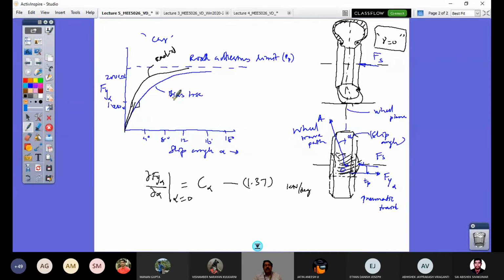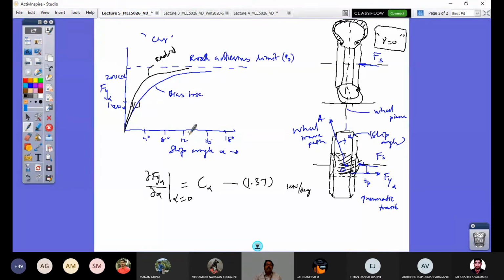This is also a main reason why bias tires are used in two-wheel vehicles like motorbikes: the variation of Fy alpha is gradual with an increase of slip, so that during cornering the rider could exercise control comfortably in order to maintain stability.